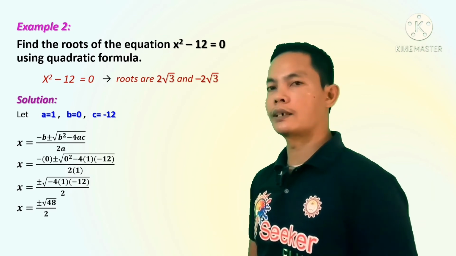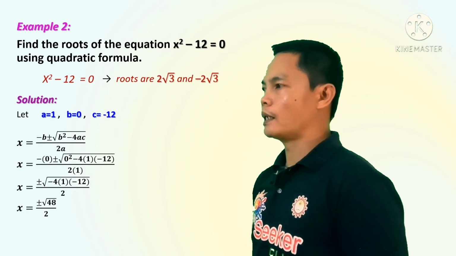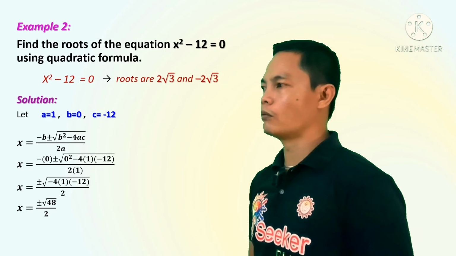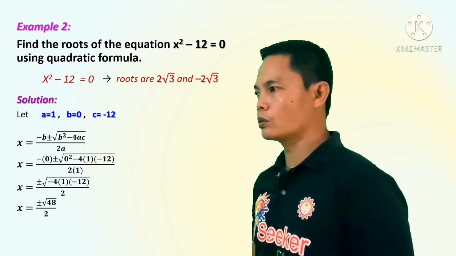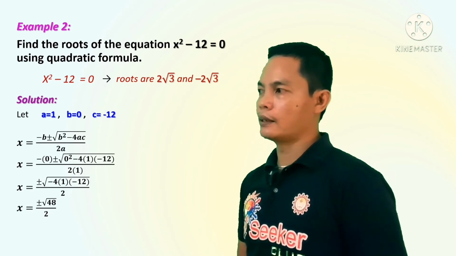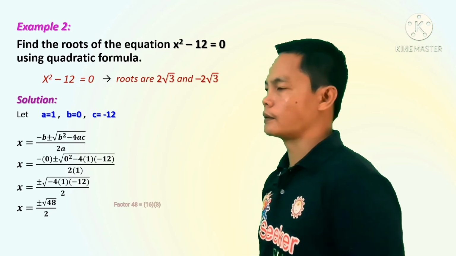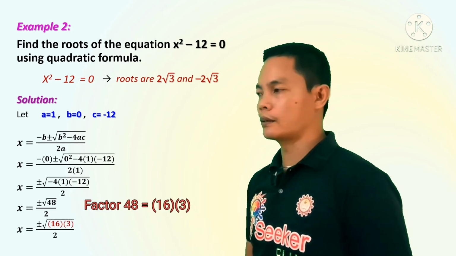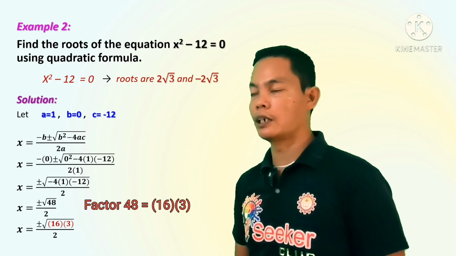X equals to plus or minus the product of the radicand is square root of 48 all over 2. But 48 is not a perfect square. So what shall we do? X equals to plus or minus square root of the factor of 48.